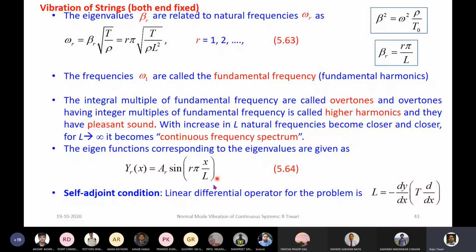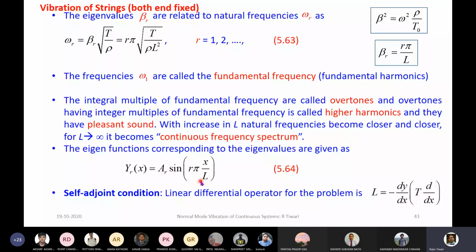Beta has been substituted here. This is the eigenfunction which we have not normalized till now. When we normalize with respect to mass, the A coefficient will change, but the function which defines the shape of the mode shape will remain the same.